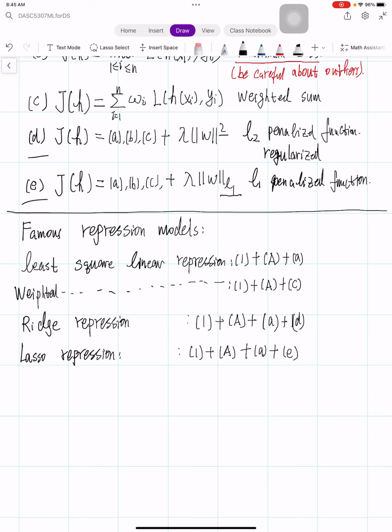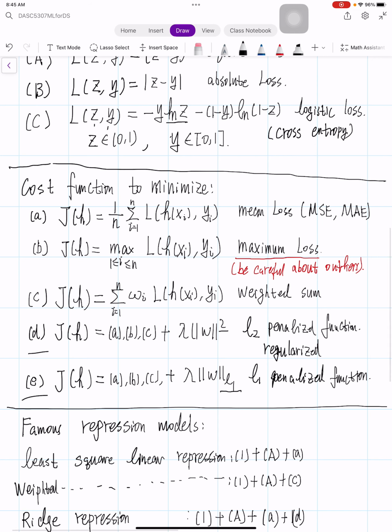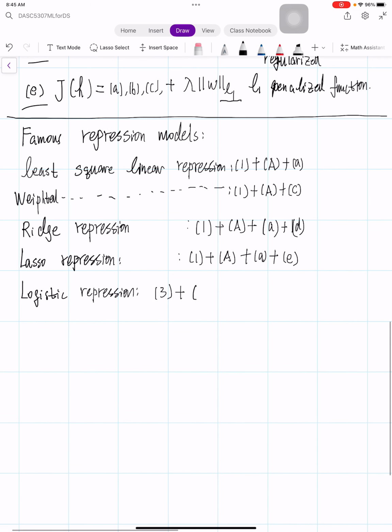Also, we have the logistic regression. Logistic regression is you consider the logistic regression form plus the logistic loss, which is C, and then you add the average loss. So this gives us logistic regression. And also we have the least absolute deviation.